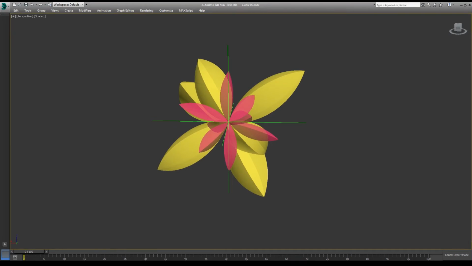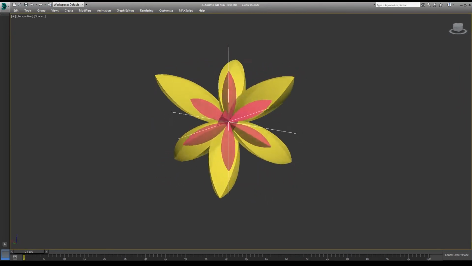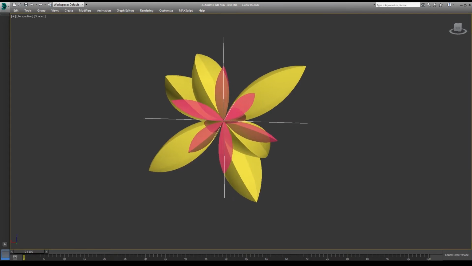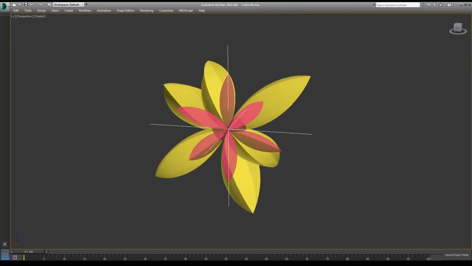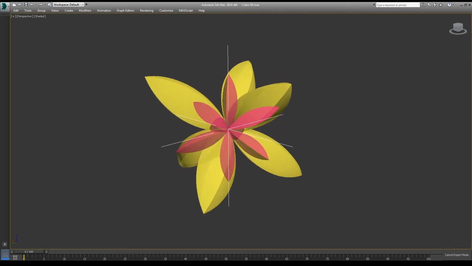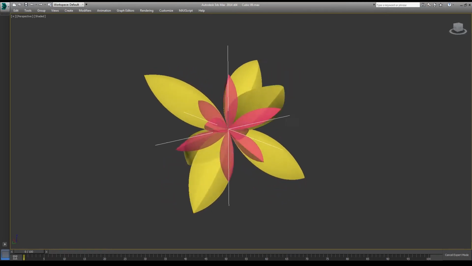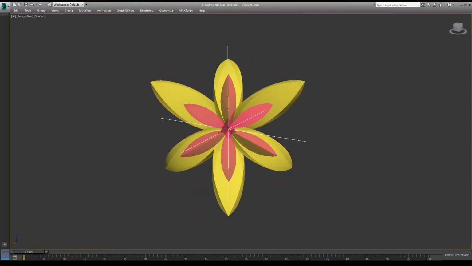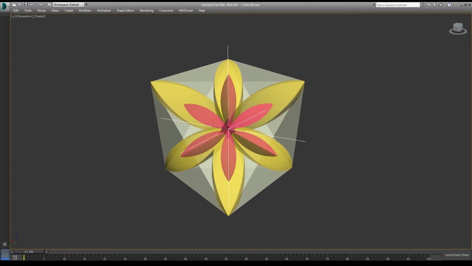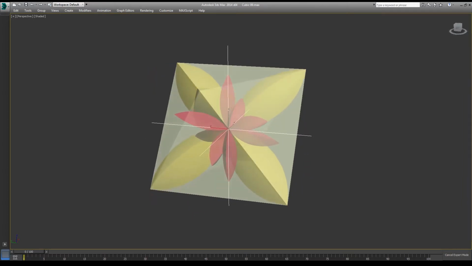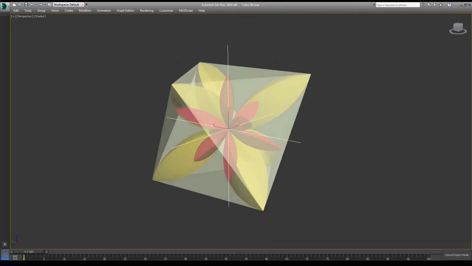A couple of interesting points about this individual flower intersection. When we look at the major 6 petals, we do find that they very nicely form an octagon.